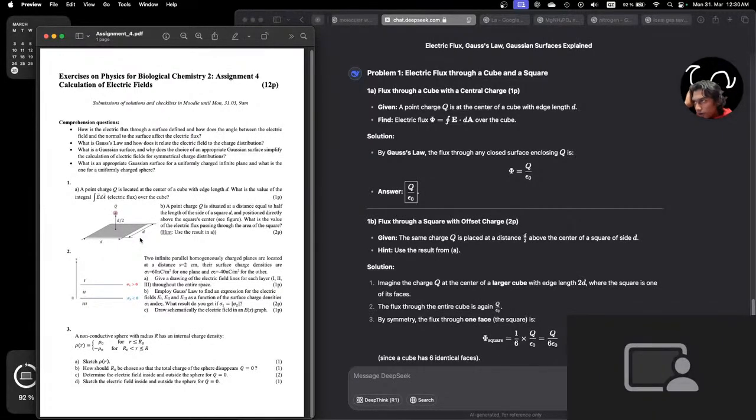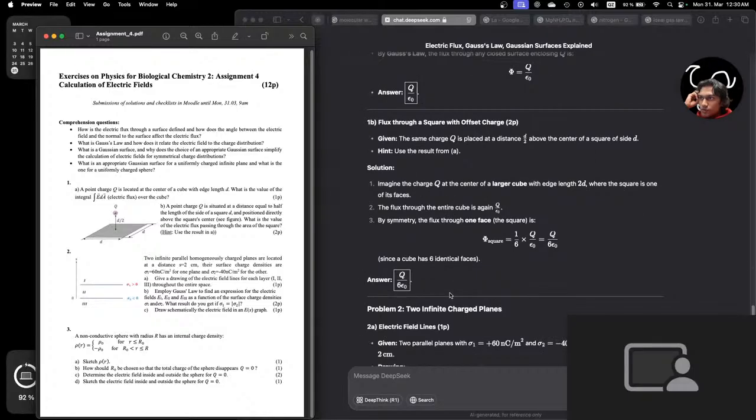What is the value of the electric flux passing through the area of the square? Hint: use result in A. Given this is placed at a distance d by 2 above the center of the square, okay? So imagine the charge is at the center of the larger cube with length 2d, where the square is one of its faces.